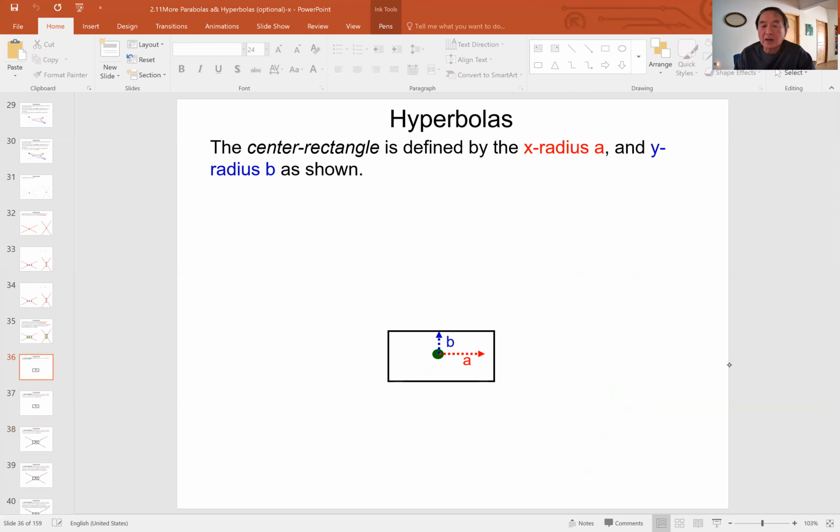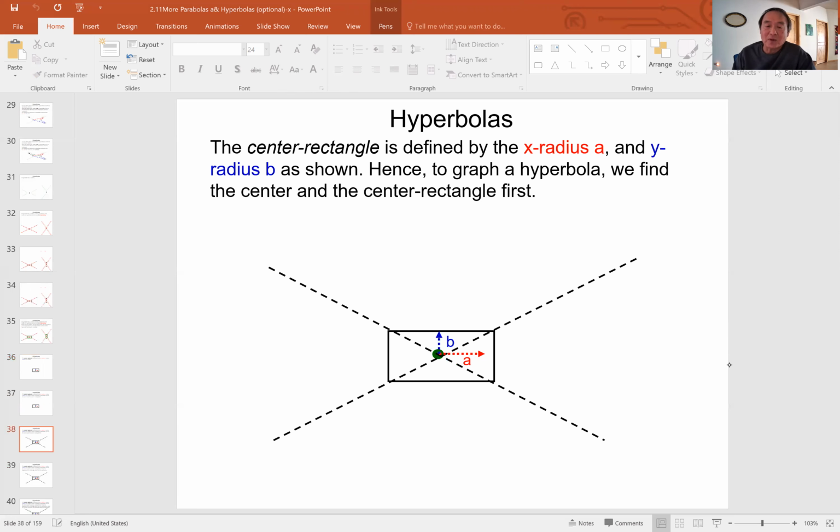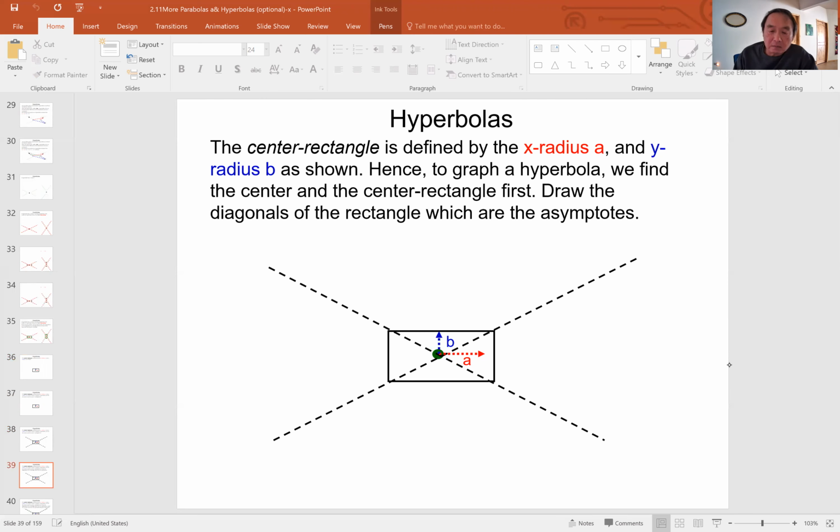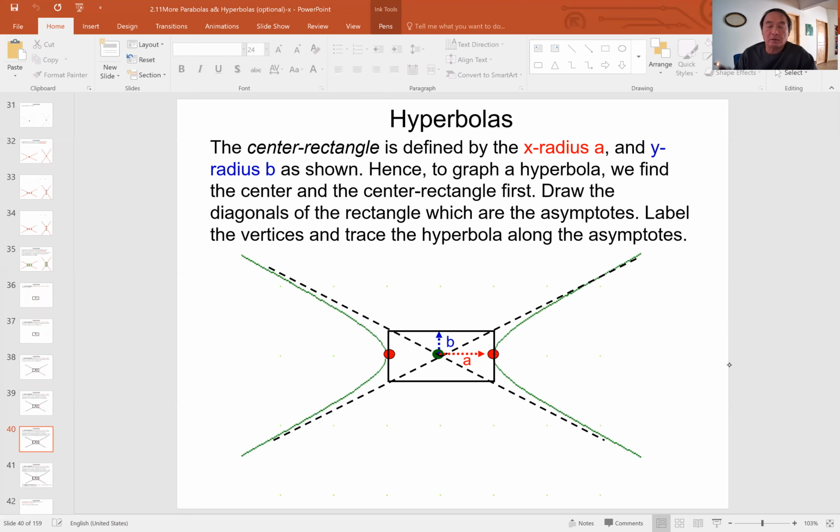First, we're going to draw this box, depending on what the center is. The box will have our x radius and y radius, A and B, in the two directions. And we have this rectangular box. Then along the rectangular box, we have these two lines.